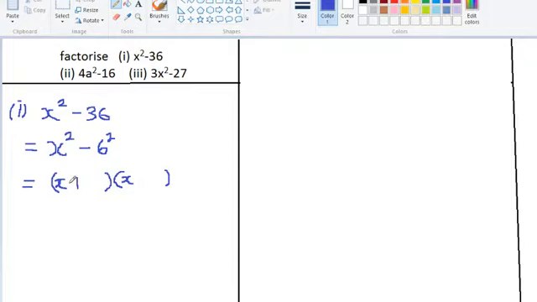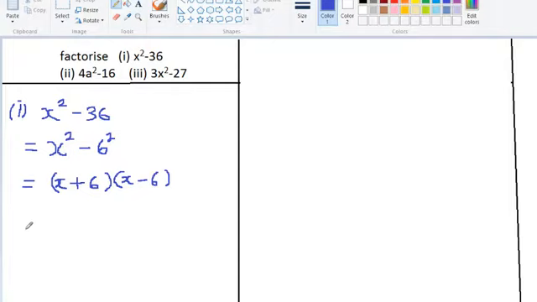Plus sign, minus sign. And the 6 will come here and there. So we have to remember a simple procedure. And that is our answer. We have factorized x squared minus 36.